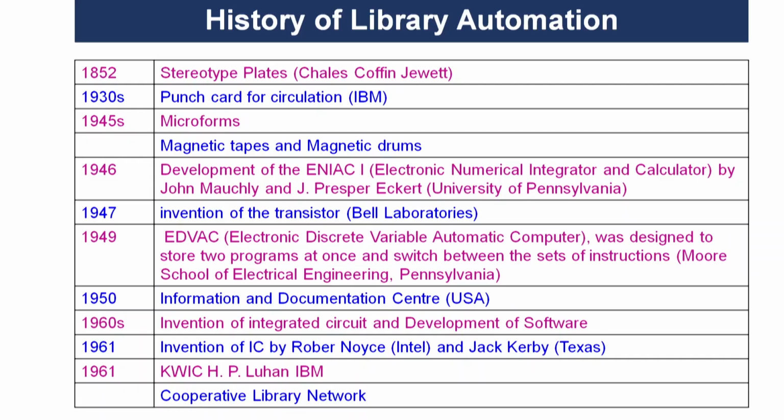But before that, there was a method in which stereotype plates were used, during the 1850s. These methods can be seen in the literature. So the root, we can say, started from the 1850s and was further developed as the punched card by IBM.